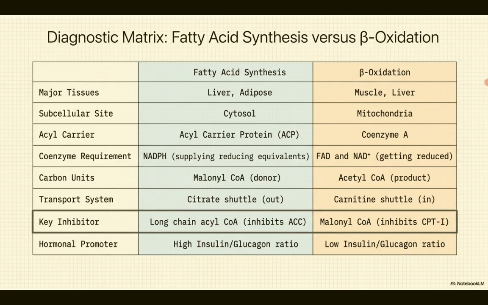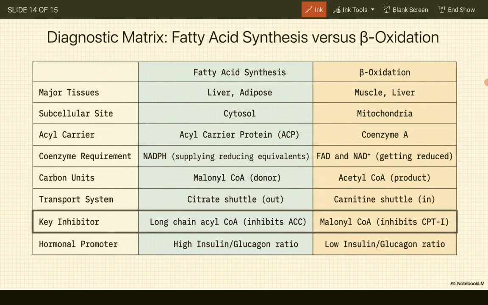Now the last table that shows how it works. Fatty acid synthesis occurs in liver and adipose tissue. The subcellular site is the cytosol, where biosynthesis occurs. The acyl carrier is acyl carrier protein, ACP. The coenzyme required is NADPH as a reducing agent.